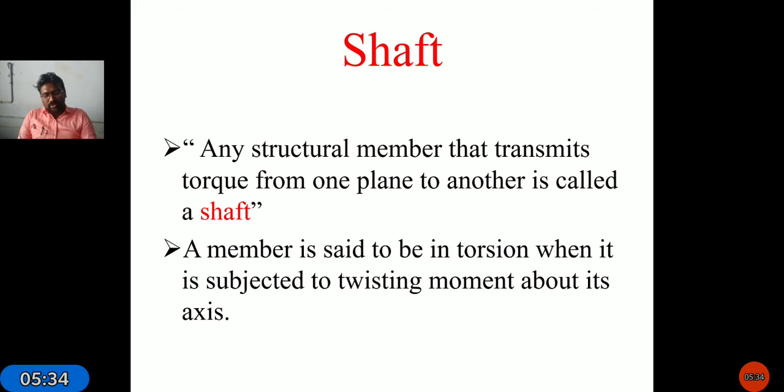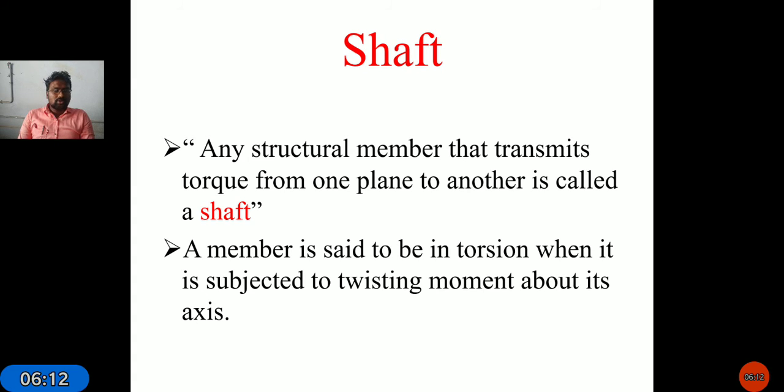Next, coming to the shaft: any structural member that transmits torque from one plane to another is known as a shaft. We have already seen a number of examples, that is in automobiles and helicopters. In machinery, everywhere we use an element to transfer power from one point to another point with the help of a shaft. Next, a member is said to be in torsion when it is subjected to a twisting moment about its axis.